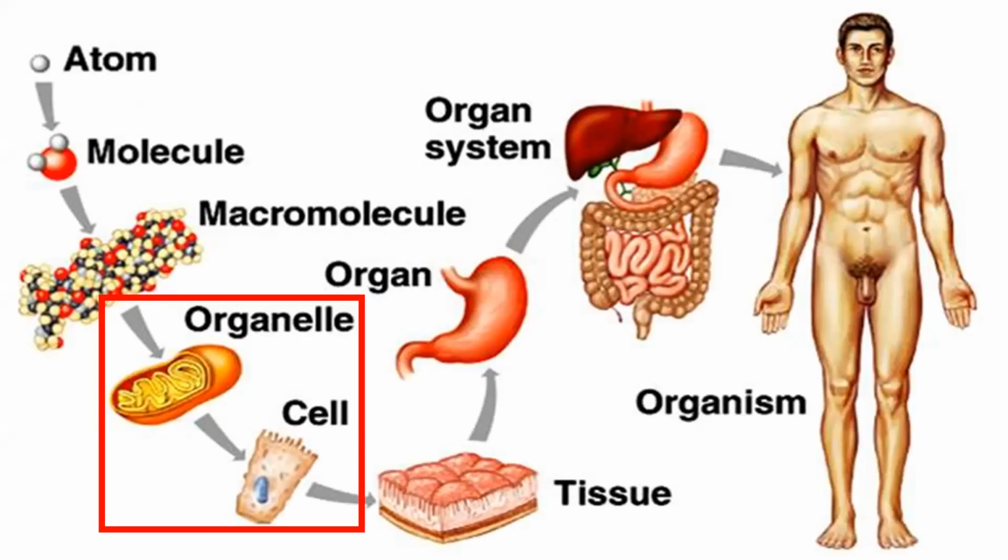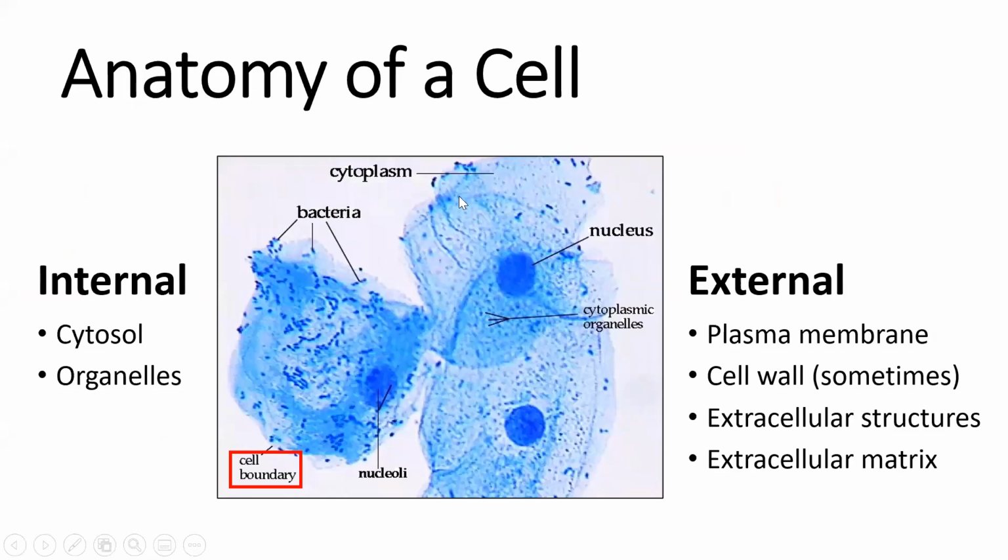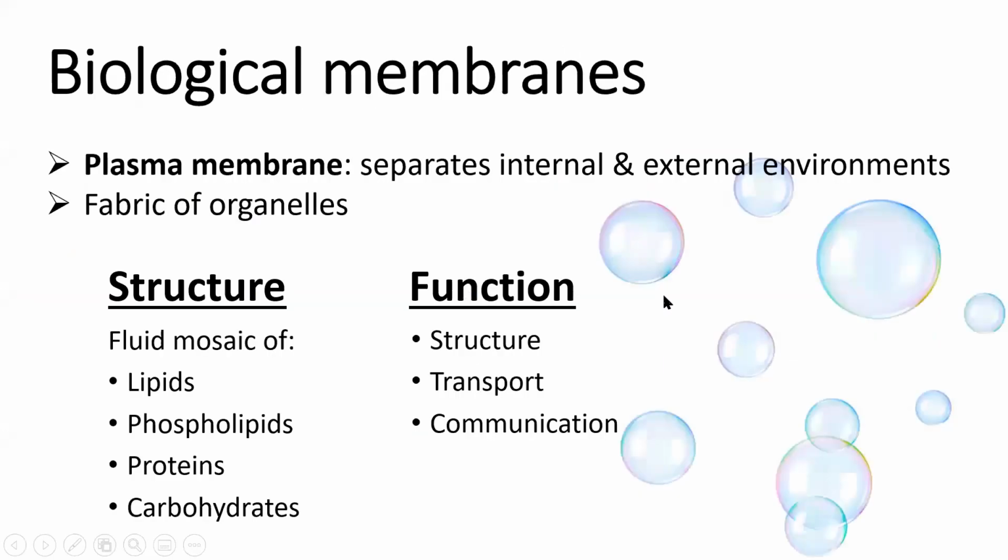Remember, we were talking about the organelle, and we got into the cell. We talked about the cell theory, okay? We talked about the anatomy of the cell in the previous chapter. What we are going to focus on with this chapter is the cell boundary, the cell membrane, aka the plasma membrane, okay?